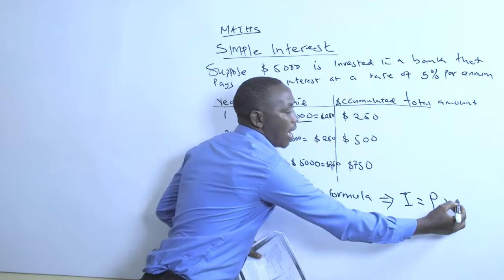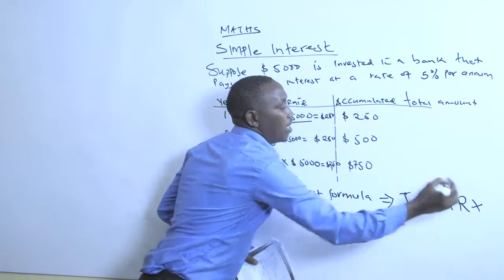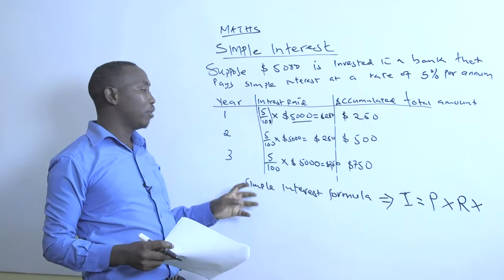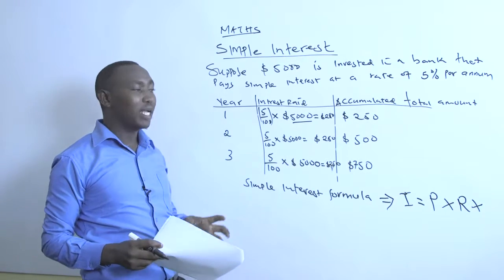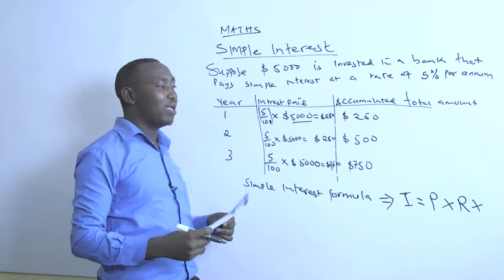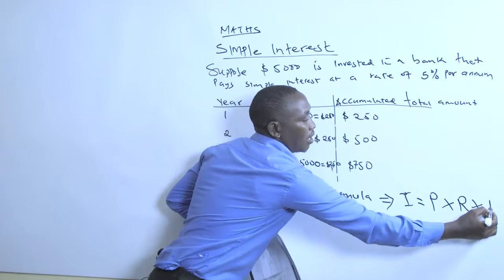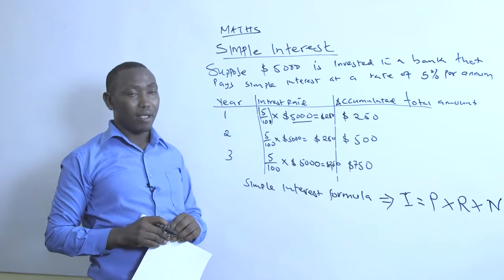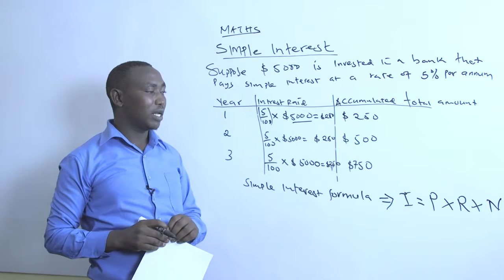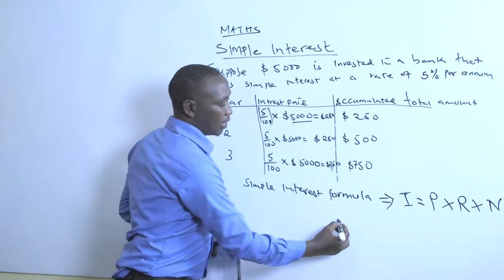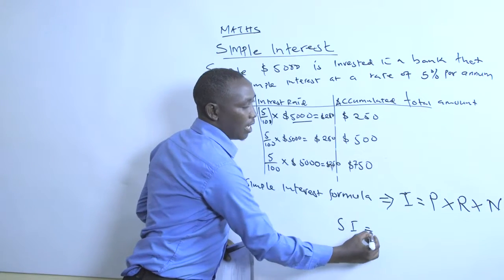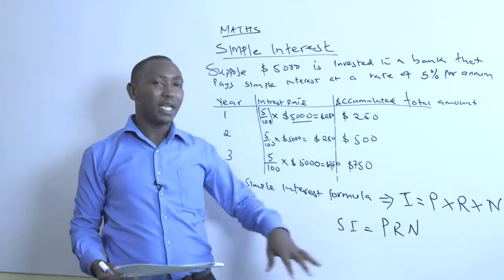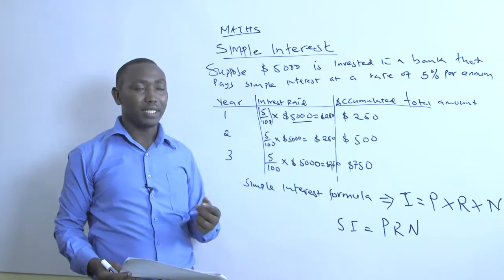So multiplied by R. Then we have said for a given number of years, we can calculate the accumulated interest. So we multiply by the time, which we refer to as N and refers to the number of interest periods. So in short, simple interest is given by PRN, and we have said that R is normally expressed as a decimal.